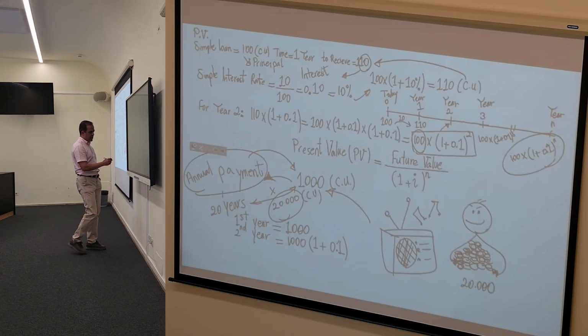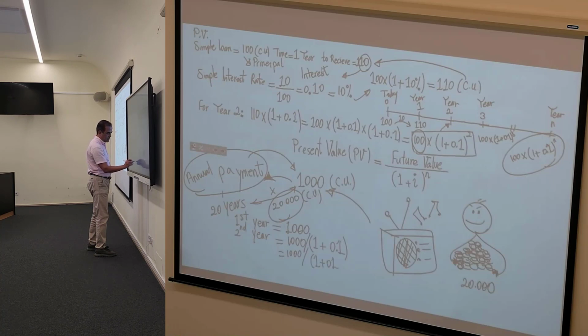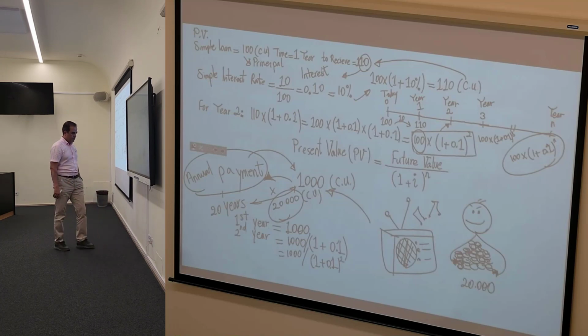For the third year, we have 1,000 over 1 plus 10% squared.